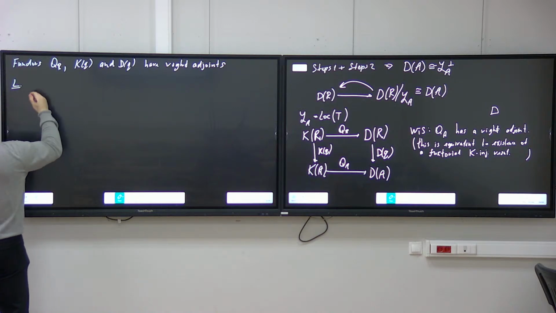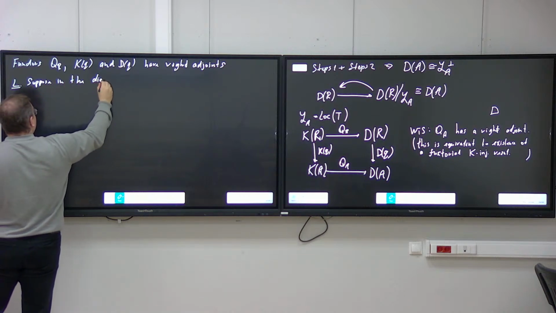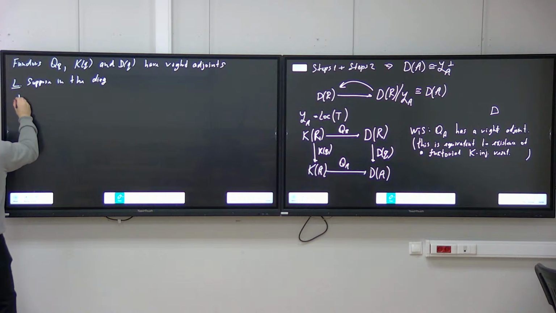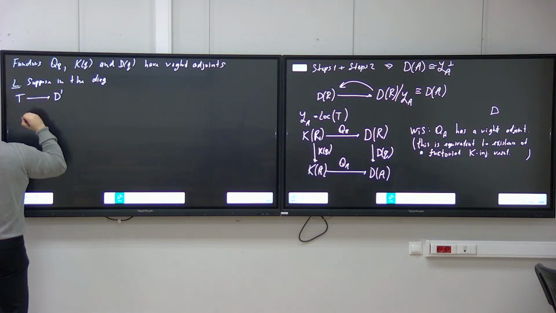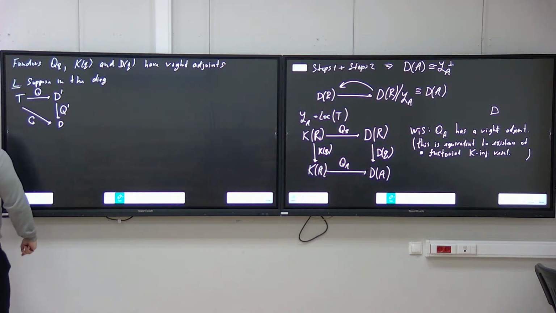So suppose in the diagram, just take a general diagram, say T, D prime, and D. You can actually make this a little bit more general than triangulated categories, but that's enough for what we do in this lecture. So I assume that I have three triangulated categories and three triangulated functors.